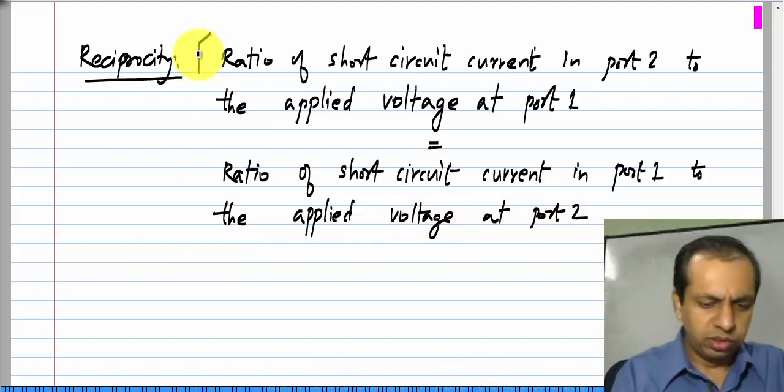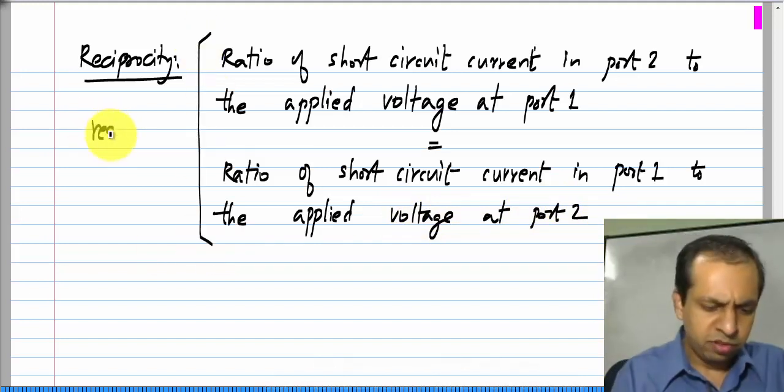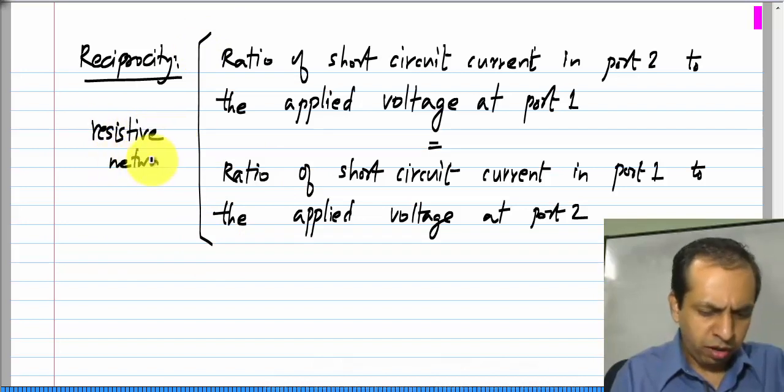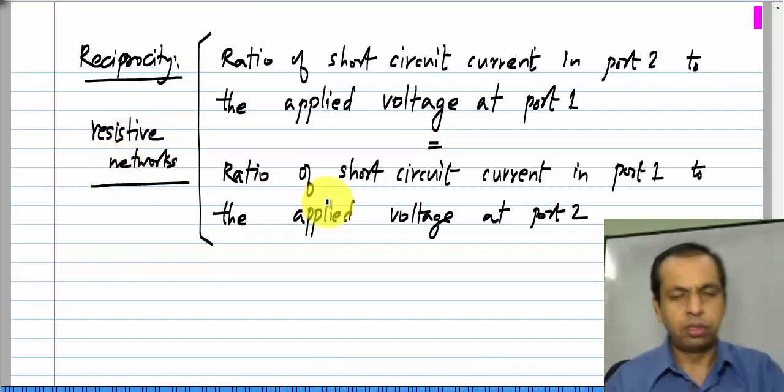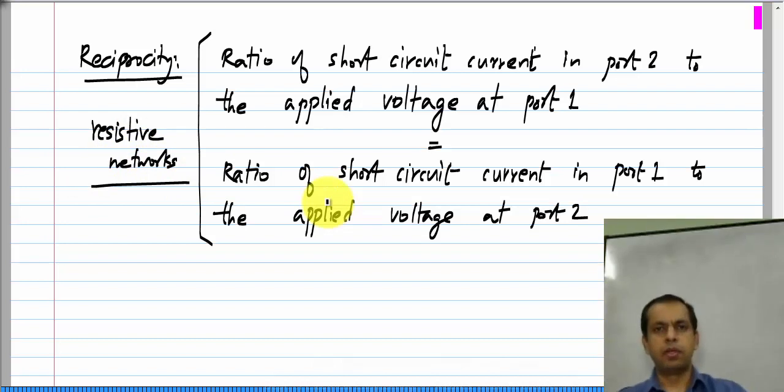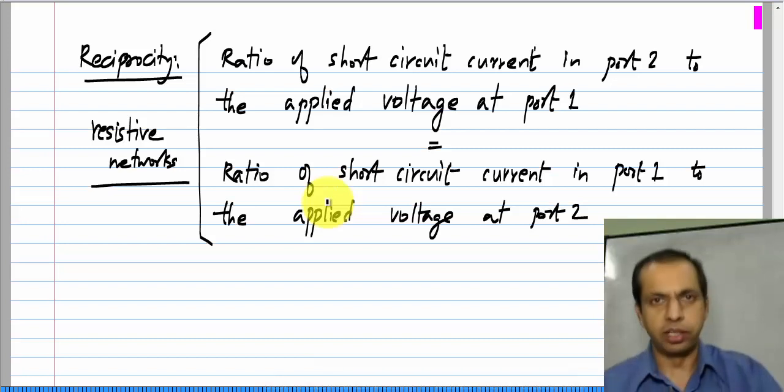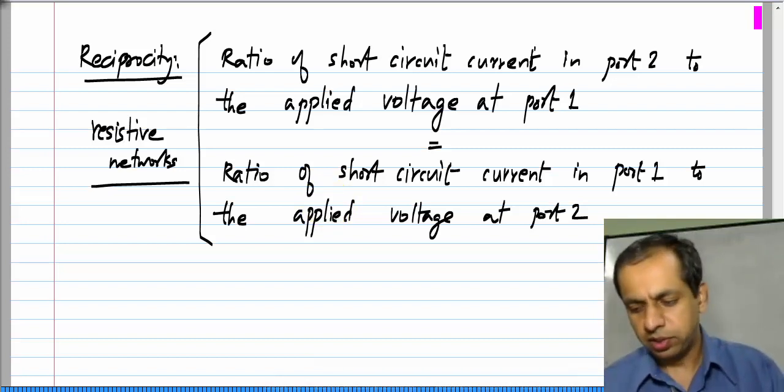Now, this is of course true for purely resistive networks. So, this is one particular statement of reciprocity in terms of short circuit currents.